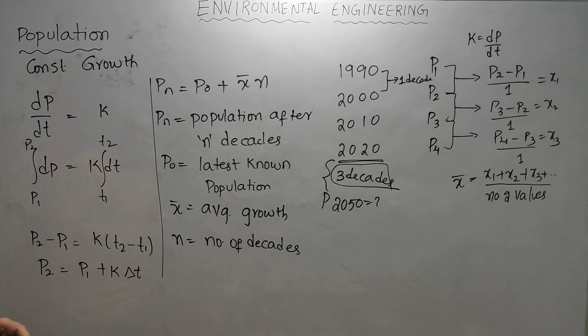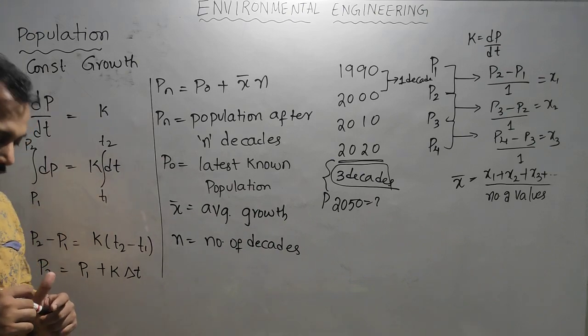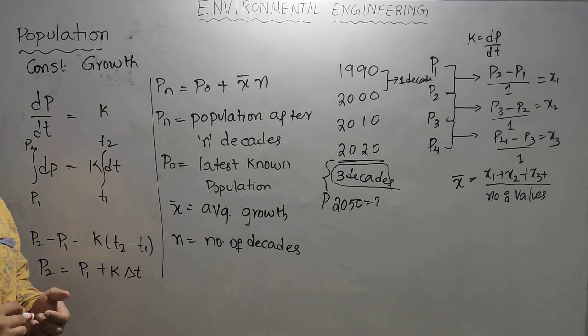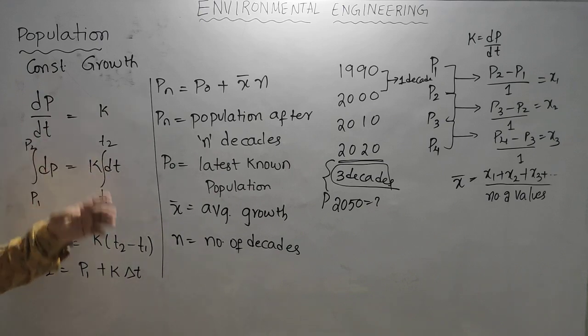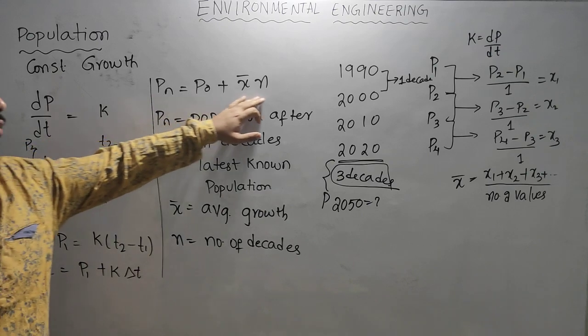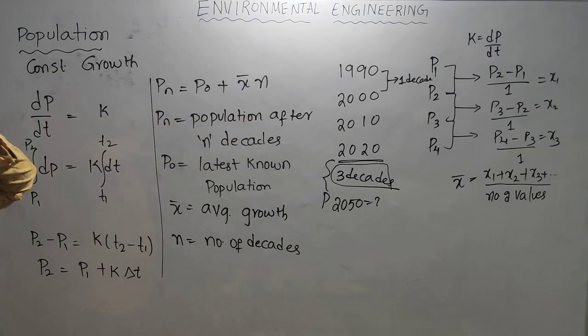So if you are finding a city where the growth is constant, then we can find the population after n decades using this formula. And if you see, this formula represents the nth term of an arithmetic progression.